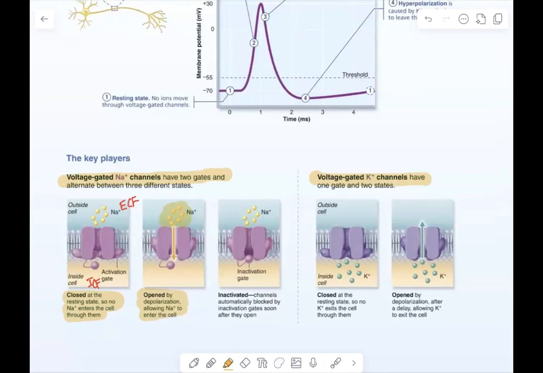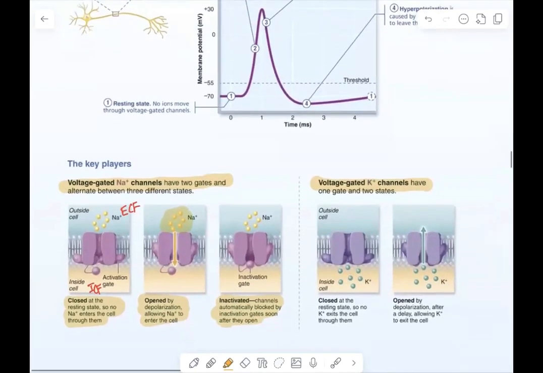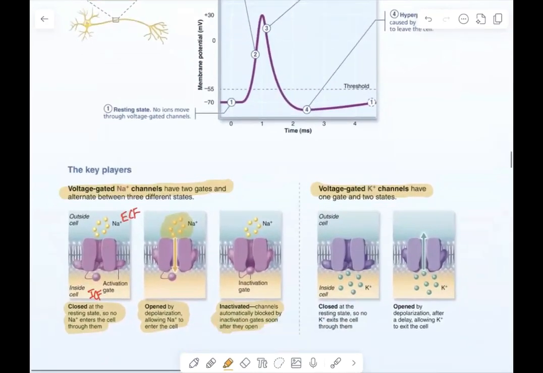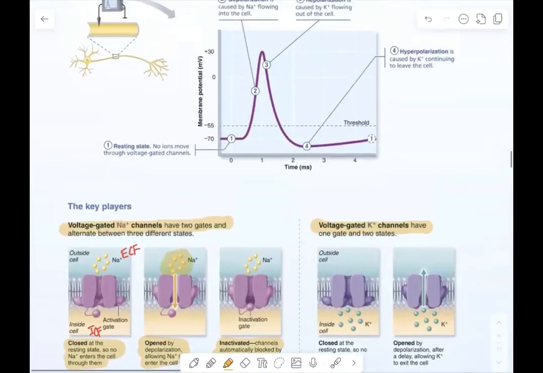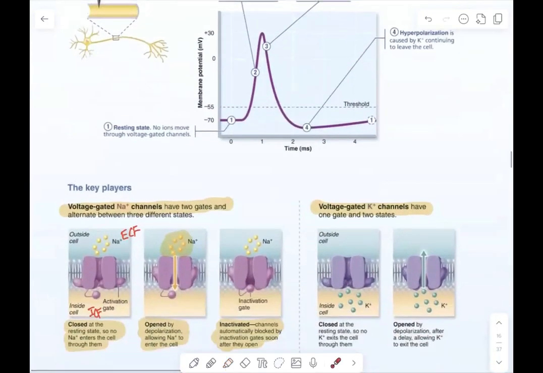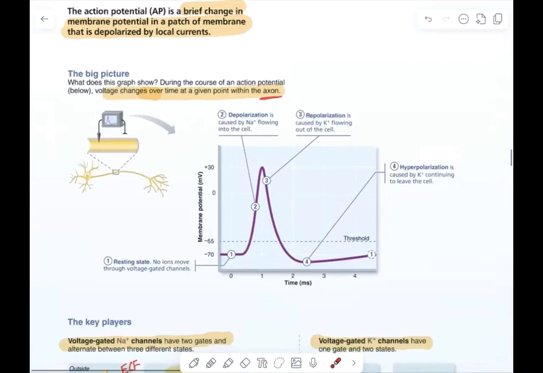Then the gate becomes inactivated, soon after it opens. But during these events, we see number 2 occur on the action potential graph.